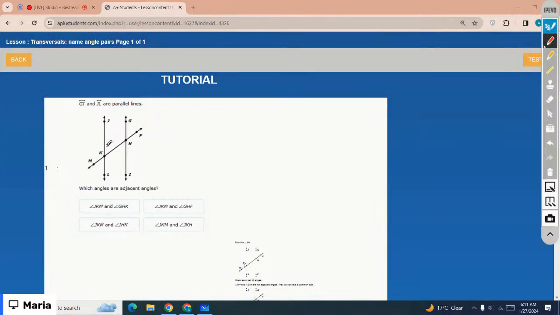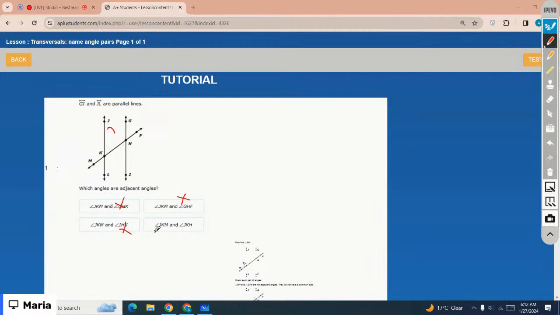JKM and GHK. No, not adjacent. JKM and GHF. No. JKM and IHK.